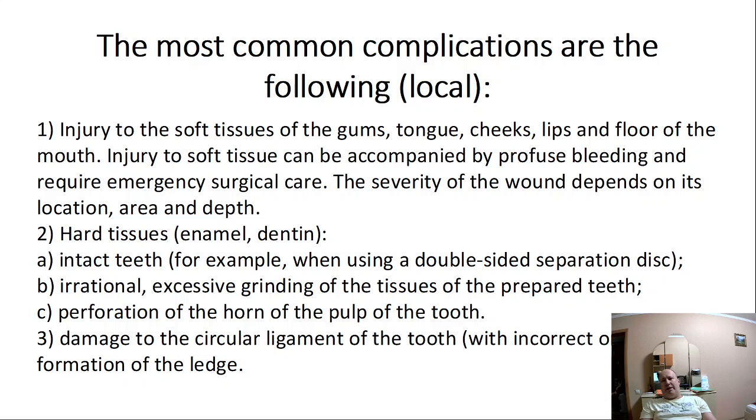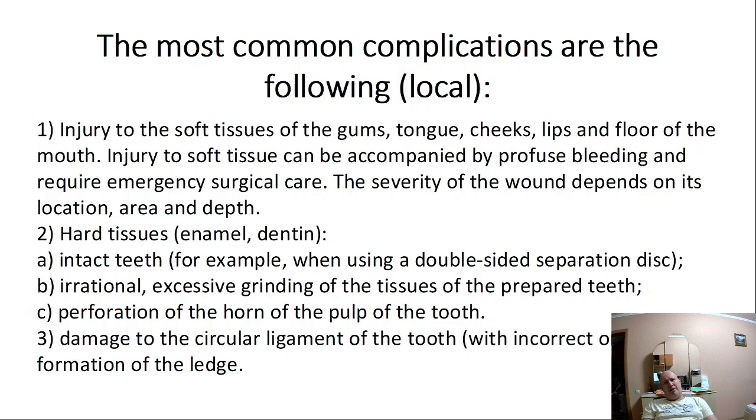The most common complications are the following. First, during preparation, injury to the soft tissues of the gums, tongue, cheeks, lips, and floor of the mouth. Injury to soft tissues can be accompanied by profuse bleeding.